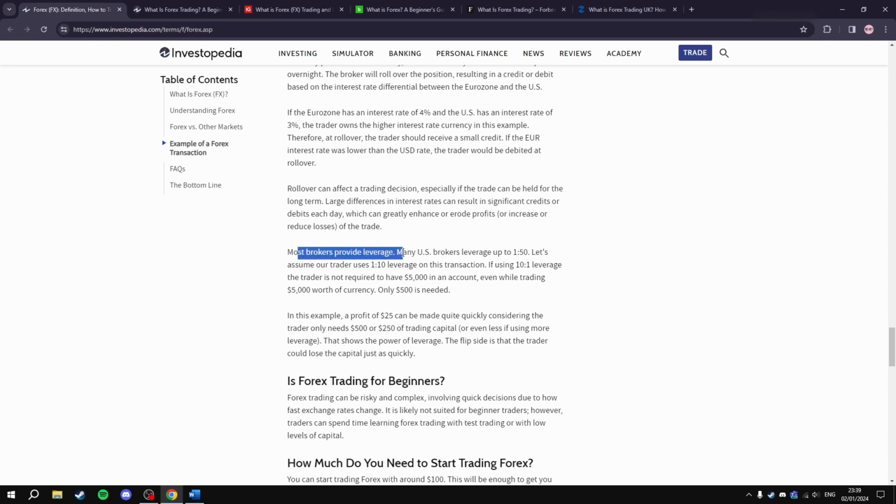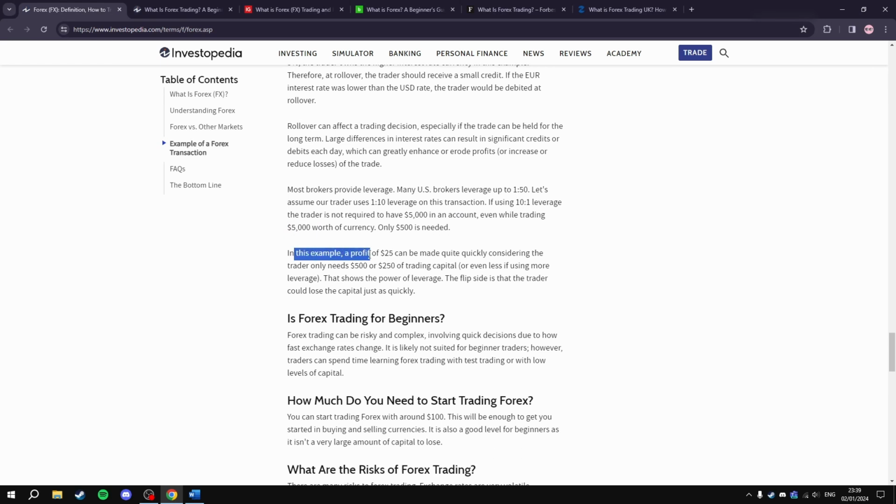Most brokers provide leverage. Many US brokers provide it. Let's assume our trader uses 10-to-1 leverage. The trader is not required to have a $5,000 account, even whilst trading $5,000 worth, only $500, because 500 times 10 is 5,000.